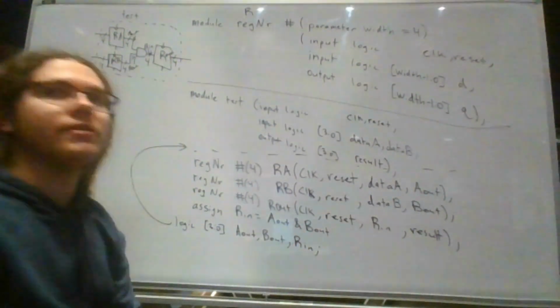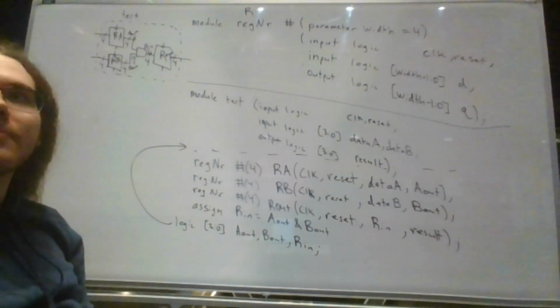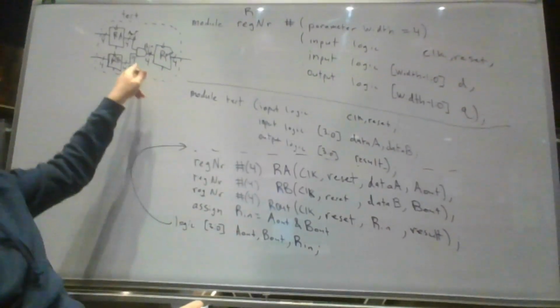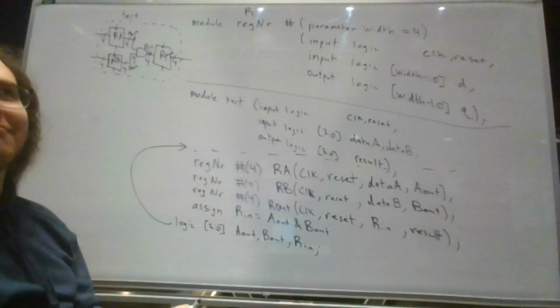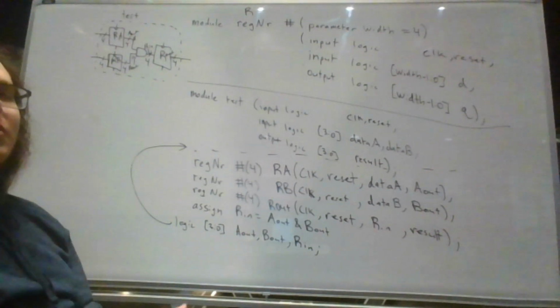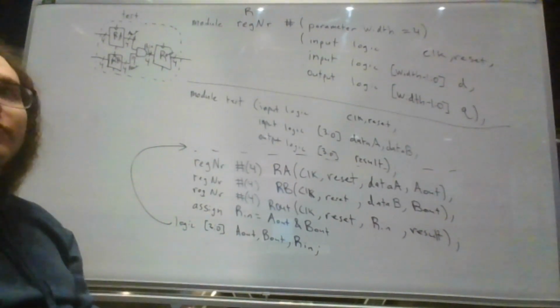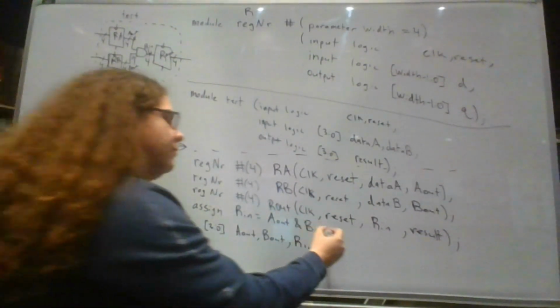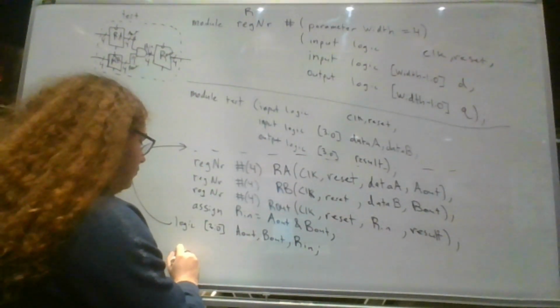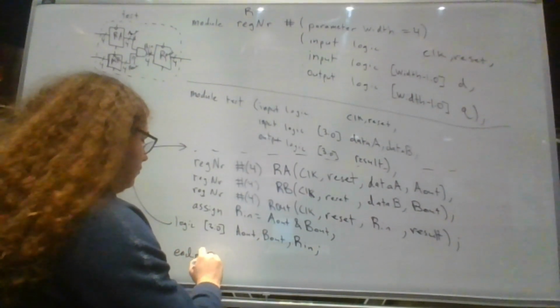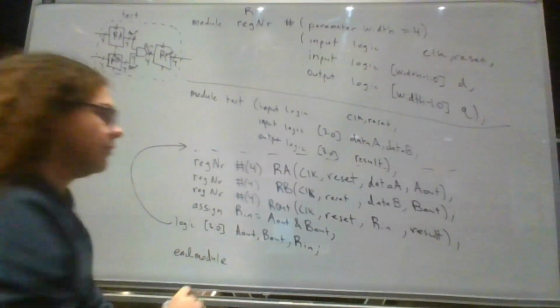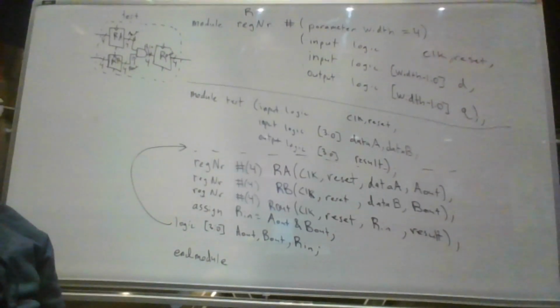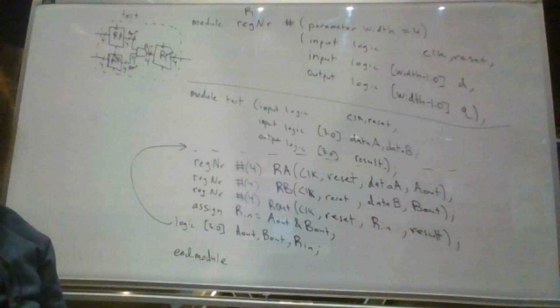Remember that when I do the single ampersand, that's the bitwise operation, which is what I'm doing here, because this is a 4-bit input AND gate. So you read in a 4-bit number, AND it with another 4-bit number, and your output is also 4 bits. That's what this does. And I'm done. So this is the structure for a structural module.